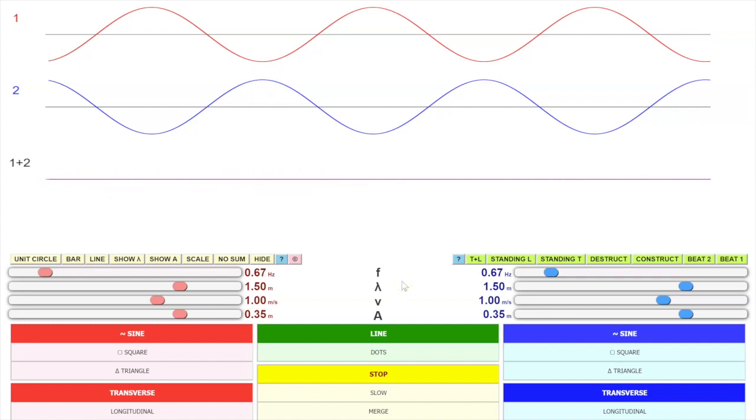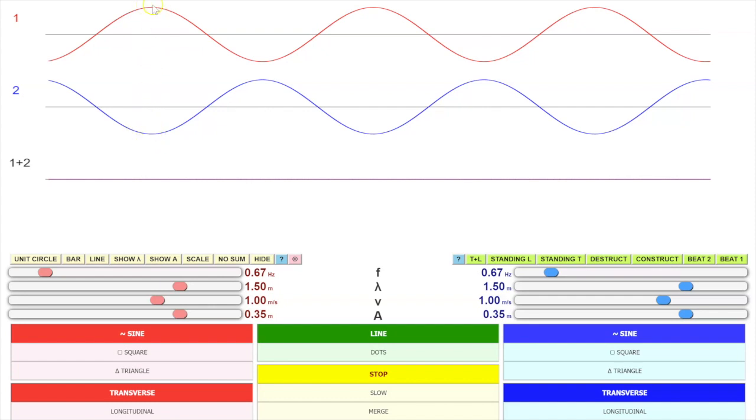The reason we see a canceling out of wave 1 plus wave 2 is because they specifically have the same amplitude. Over here, wave 1 has an amplitude of 0.35, and wave 2 in the blue also has an amplitude of 0.35. If I look at this crest over here at wave 1, it is at an amplitude of 0.35, which matches with this trough of wave 2 at negative 0.35.